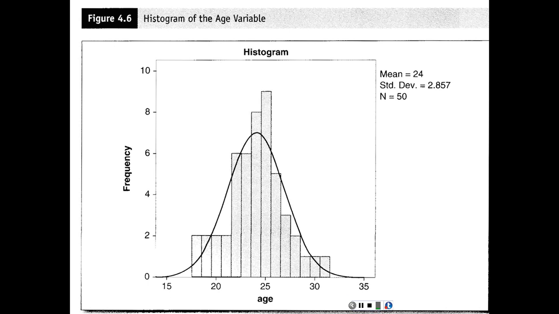So in addition to understanding the variable using descriptive statistics, remember we talked about mean, mode, median, etc., the histogram provides further insight into the characteristics of a continuous variable. Remember, a picture is indeed worth 1,000 words.